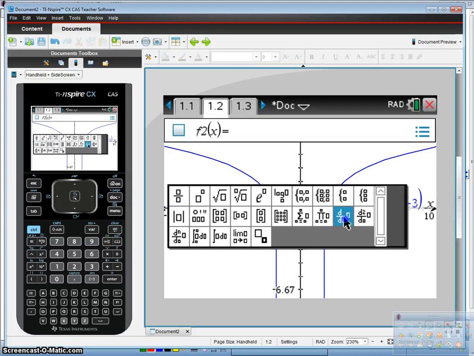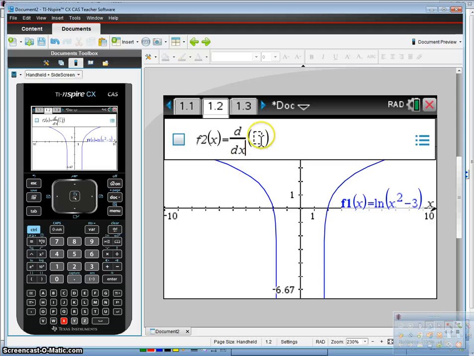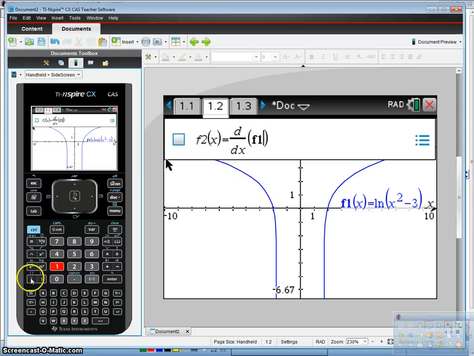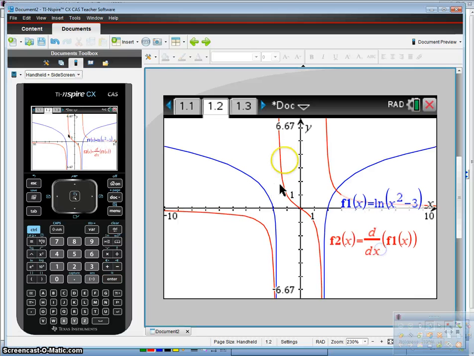This is our derivative, so we're going to click on that. And we're going to have d dx, and we're doing the derivative of our f1 function, so f1 of x. Okay, and then we hit enter, and there's our derivative in red. Okay, so that's how we can sketch the graph of the derivative, once we have our regular graph. All right, so that's how we graph derivatives, and we do derivatives and find a derivative at a point in our TI Nspire.